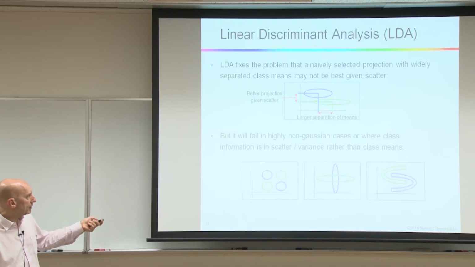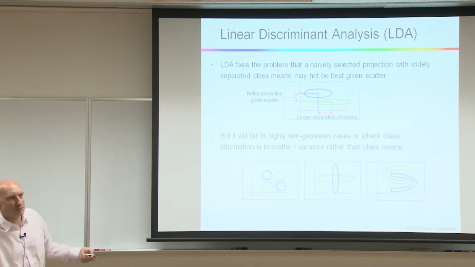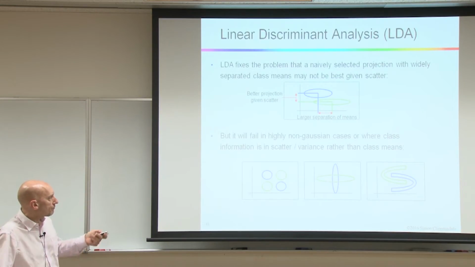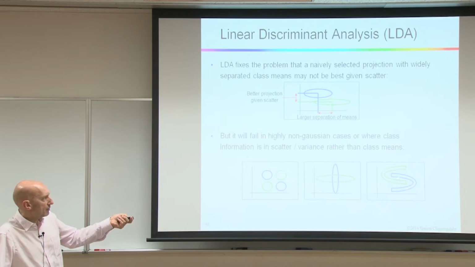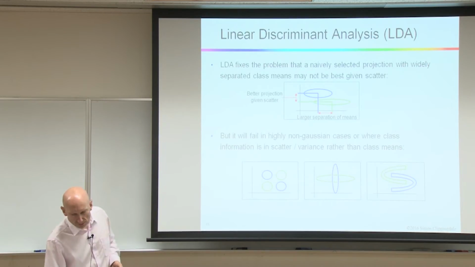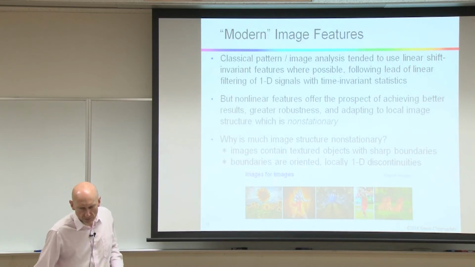Like, for example, in this case, both the class means are right in the middle there, same with these two, and the class information is in the scatter within each class. This thing here, the class means are somewhere up there and somewhere down here, and you can't easily find a line that will split those.